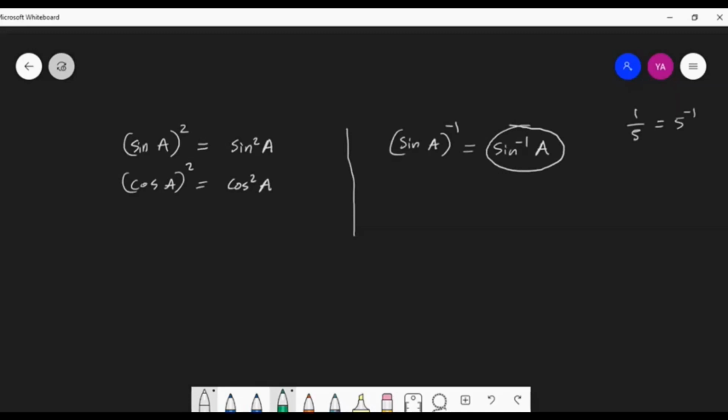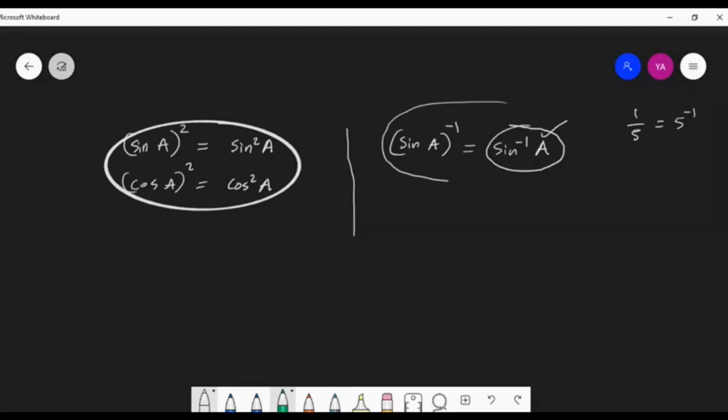Sine A all inverse is actually cosec A, but this special notation is different. This is another operation you will study in higher classes. So these two we can use: sine A all square, in short sine square A, and cos A all square, in short cos square A. This function doesn't come in our syllabus, that's fine.